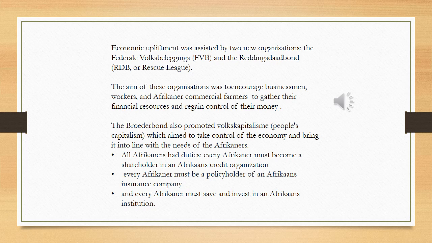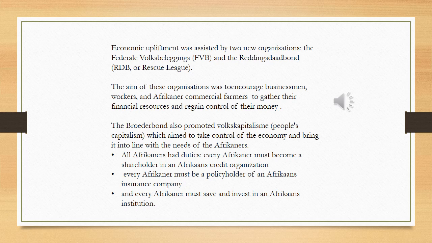Girls and boys, let's talk about economic upliftment that was assisted by two new organizations, which were the FVB and the RDB, or simply the Reddingsdaadbond. The aim of these organizations was to encourage businessmen, workers, and Afrikaner commercial farmers to gather their financial resources and regain control of their money.